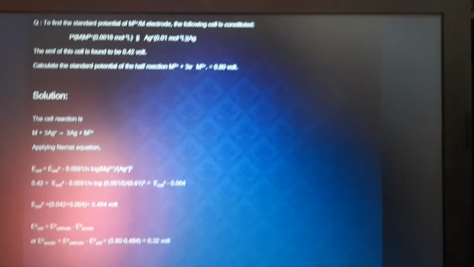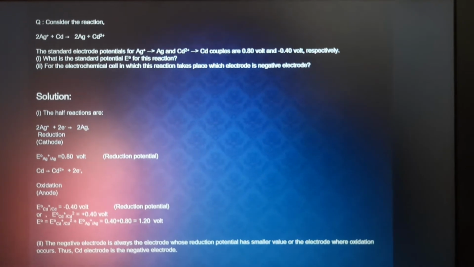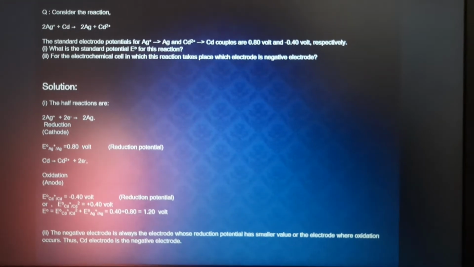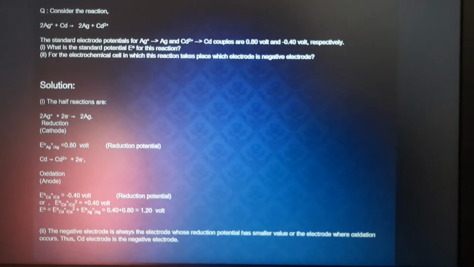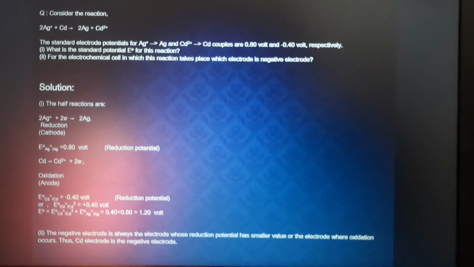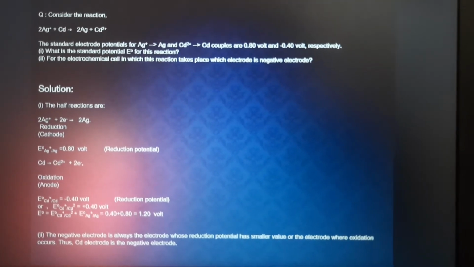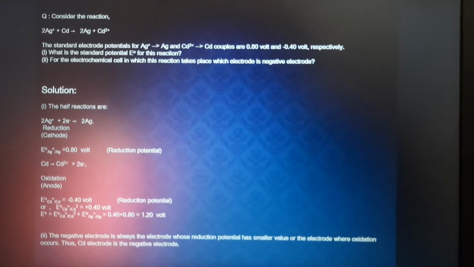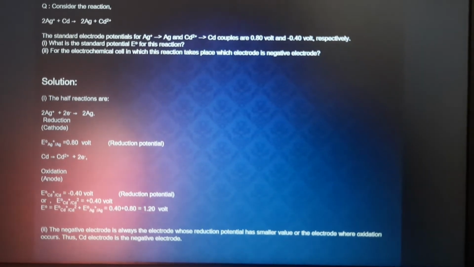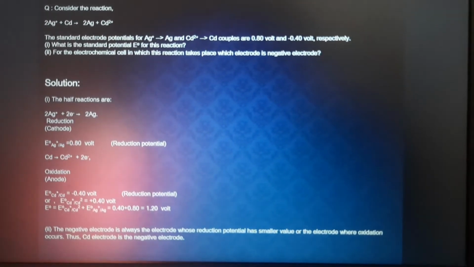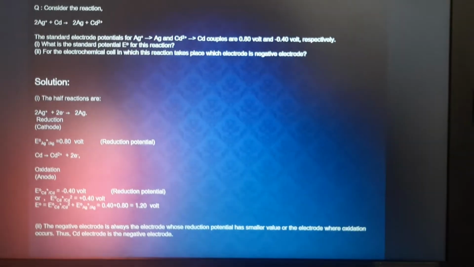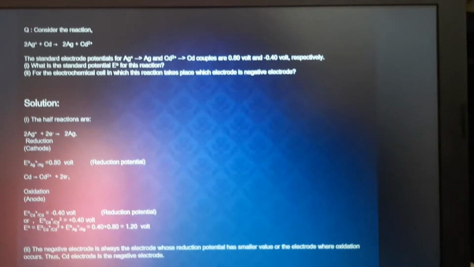Okay, so this is the type 1 mathematical problem, and this is the second problem. So here's a reaction given, that is silver and cadmium is used, and the questions are what electrode potential for silver and cadmium couples are, the standard potentials are given, and we have to determine first of all the standard potential, and there is a second question, that is for the electrochemical cell in which reaction takes place, which electrode is negative electrode.